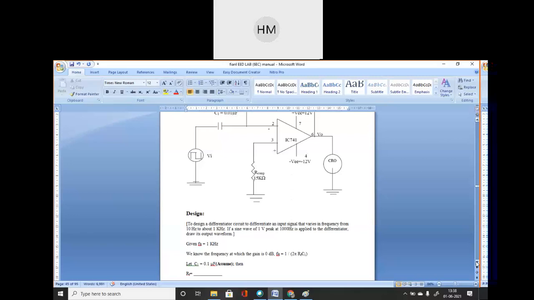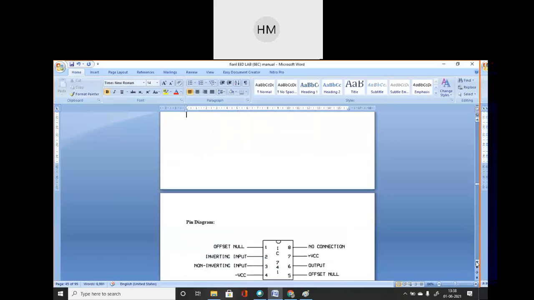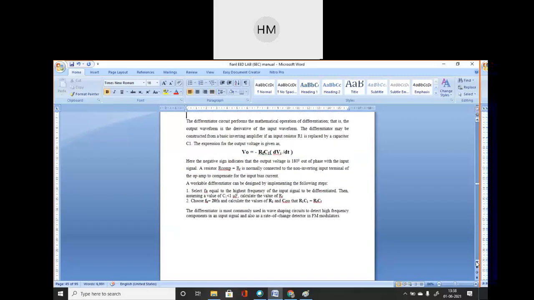Next step, assuming a value of C1 less than 1 microfarad, calculate the value of RF.